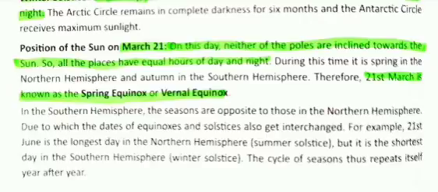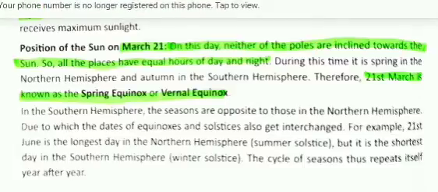In the southern hemisphere, the seasons are opposite to those in the northern hemisphere, due to which the dates of the equinoxes and the solstices also get interchanged. For example, 21st June is the longest day in the northern hemisphere, summer solstice.